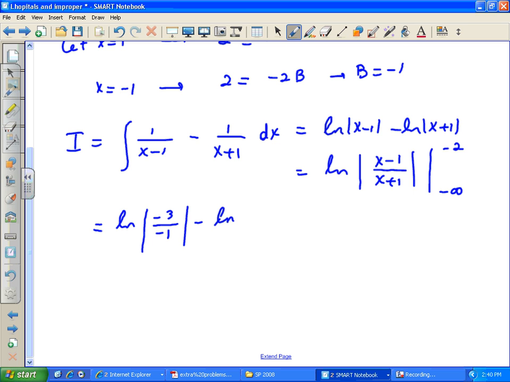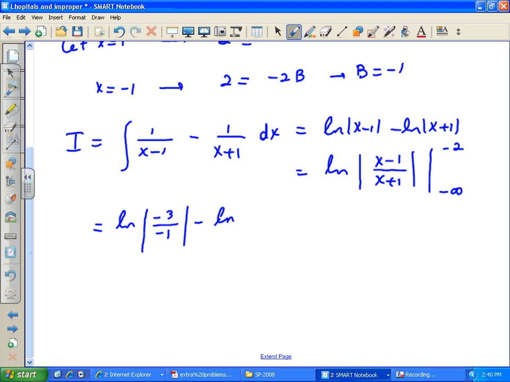At this point, you will have negative infinity over negative infinity, very much like infinity over infinity, so you can actually apply L'Hopital's rule. Alternatively, you might remember from Calculus 1 that if you have x minus 1 over x plus 1, and the degree of the top is equal to the degree of the bottom, then the limit is the ratio of the leading coefficients. In this case, that will be 1.